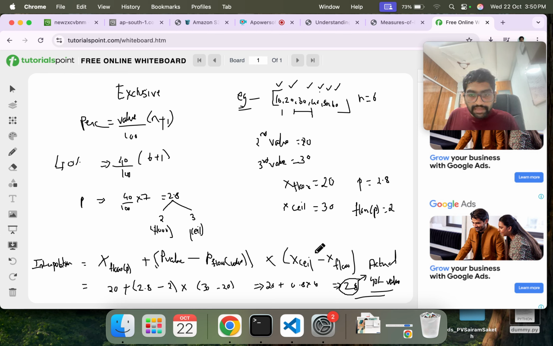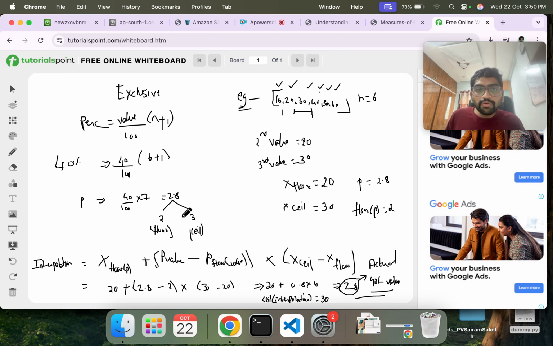But in programming, we won't be dealing with this actual value. Instead, we will deal with the seal of this particular interpolation. When you do seal of interpolation, you will get 30 as the value.